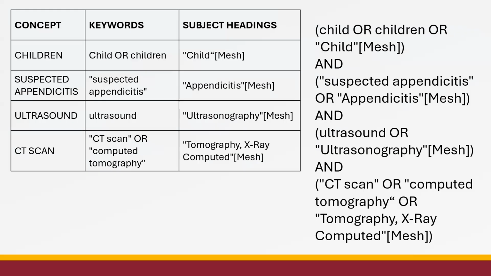It avoids all sorts of issues with typos as well. And so that's my recommendation for making sure you get those correct. Because again, it's not going to break your search if you have the wrong thing. If you write "X-ray computed tomography" instead of "Tomography, X-Ray Computed," it just won't give you those MeSH terms in your result. It won't return any extra articles for that MeSH term.